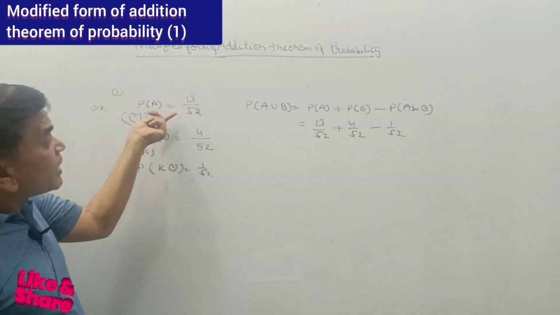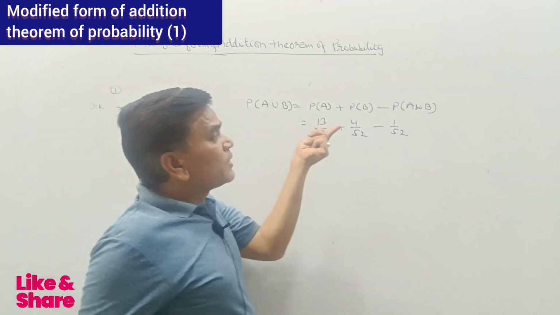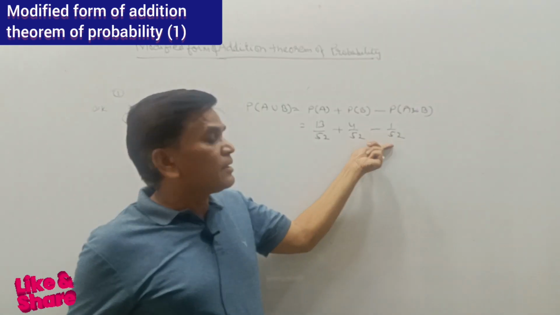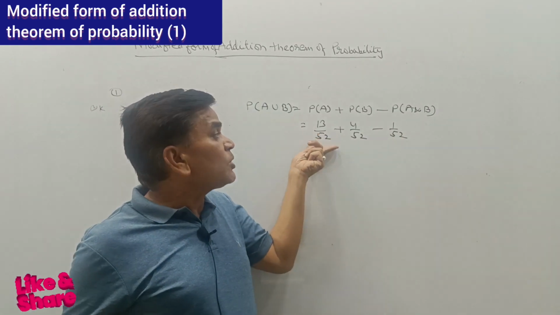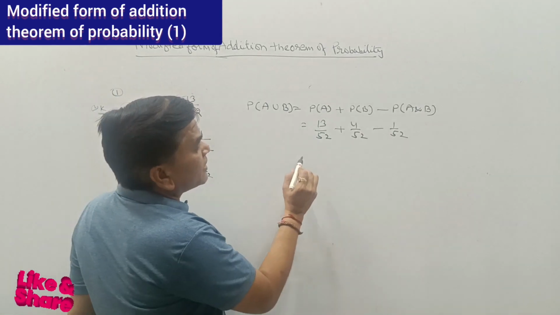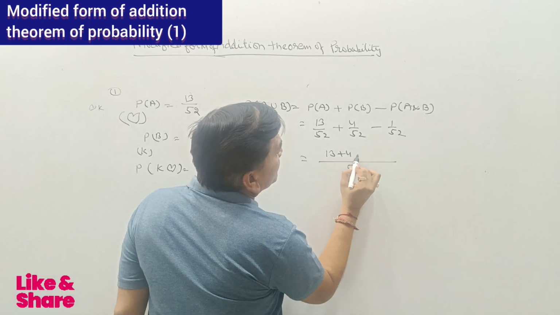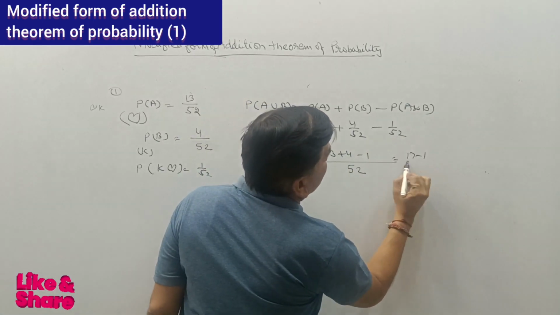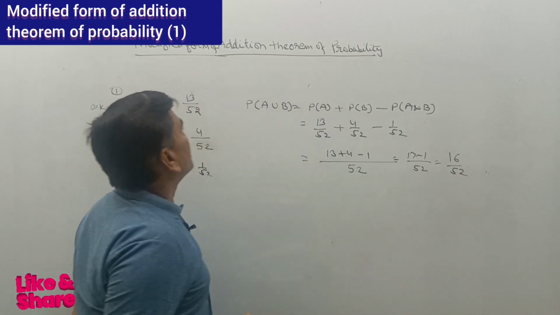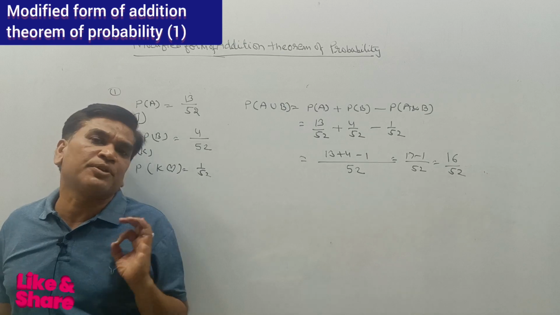This one card is included in this also and in this also, so it is included in both. So one time we will subtract it, because 2 times 1 by 52 is being added. So there is 52, 13 plus 4 minus 1, that is 17 minus 1 upon 52. So the answer will be 16 upon 52. In this form, we use the modified form of the addition theorem.